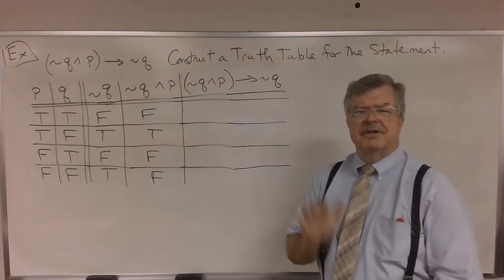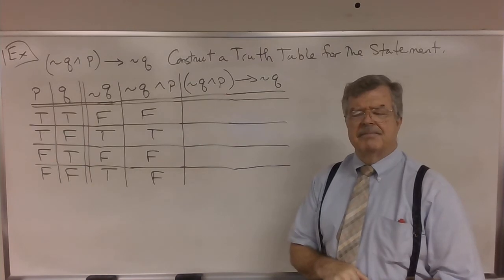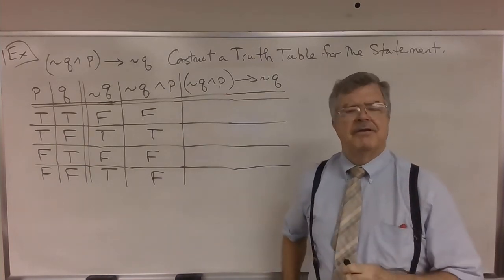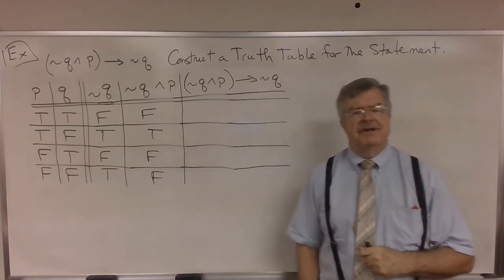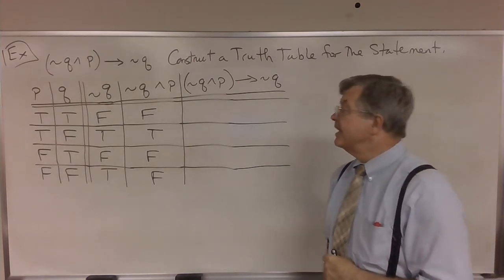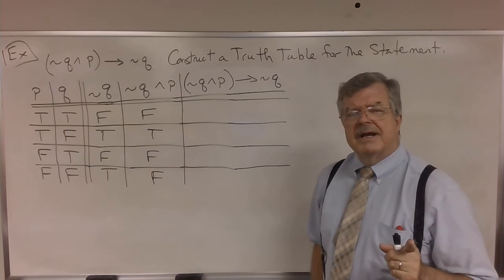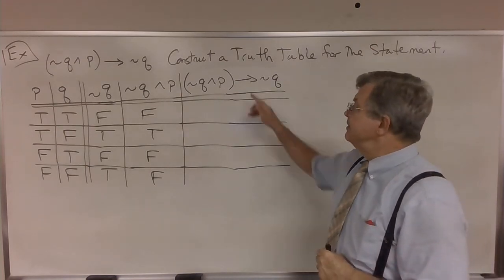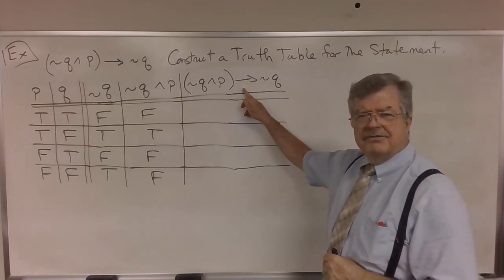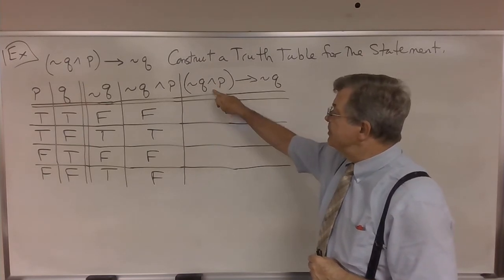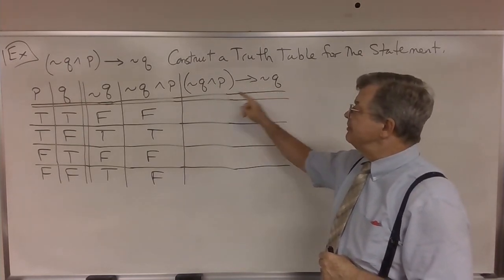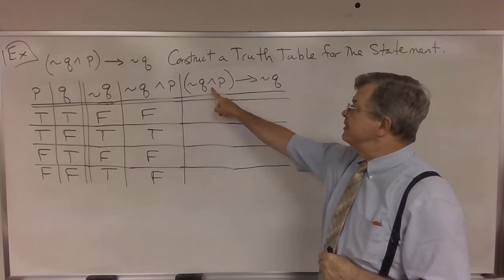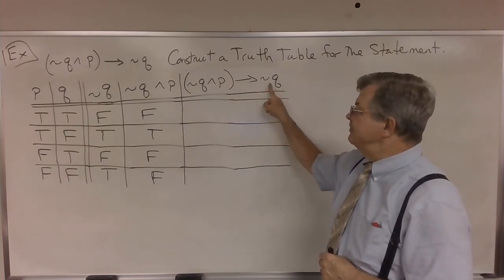What's the special case for a conditional statement? Take a look back in your notes if you don't remember. The special case for a conditional statement. The only time that a conditional statement is false is when we have true implying false. So we look for the situation where this statement is true and that statement is false.